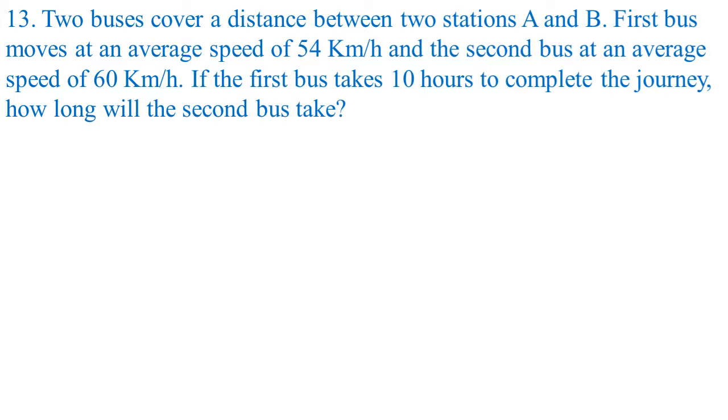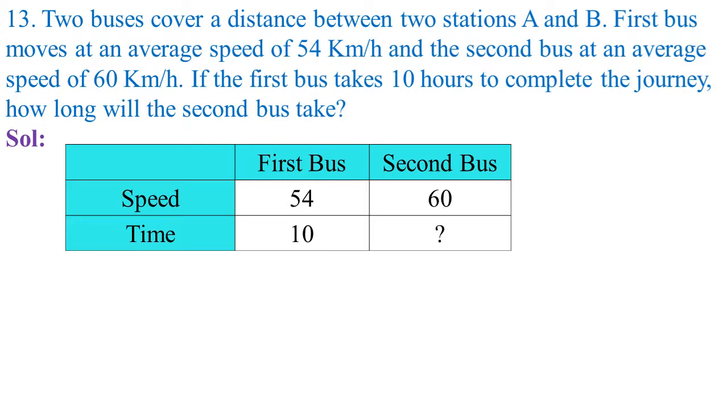Let's see one more problem. Two buses cover the distance between two stations A and B. The first bus moves at an average speed of 54 km per hour and the second bus at an average speed of 60 km per hour. If the first bus takes 10 hours to complete the journey, how long will the second bus take?